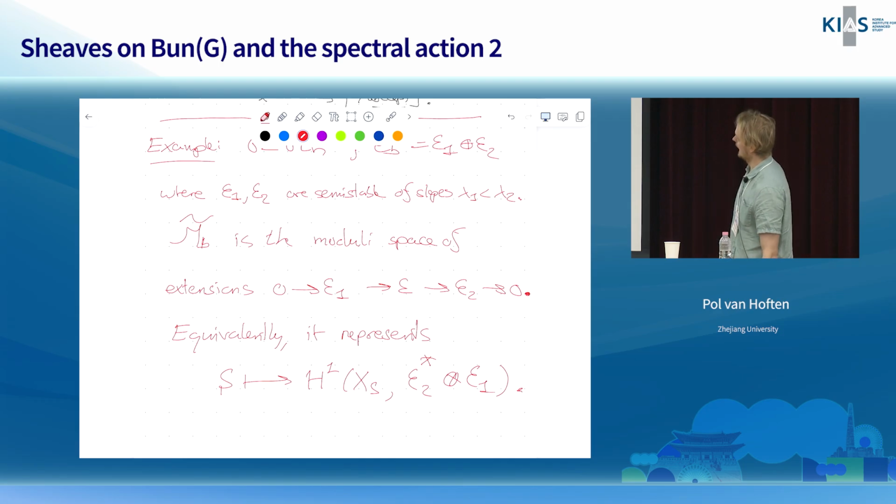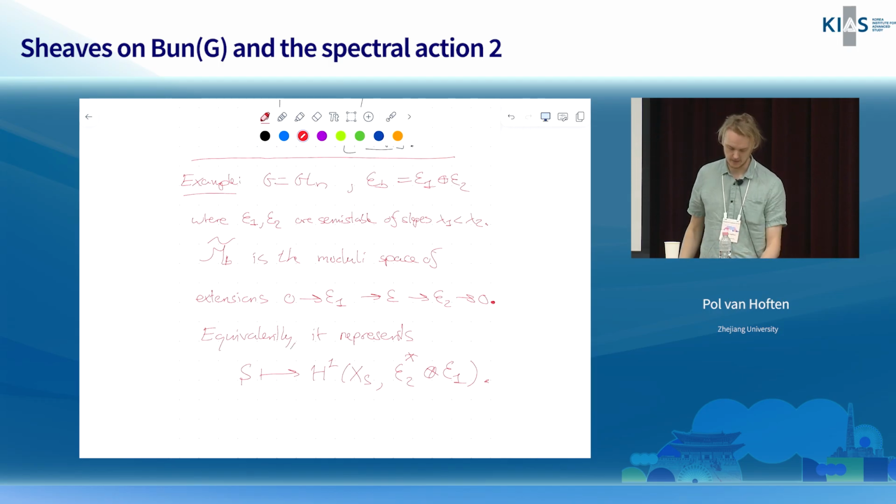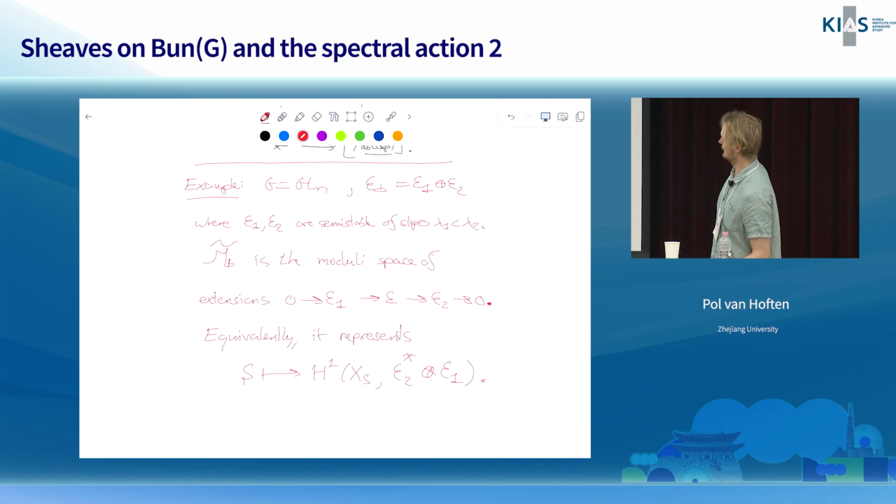Okay, and so what are we doing here? We're taking a vector bundle, E2 tensor E1, and the slope of that is strictly negative by my assumption. And so taking H1 of a strictly negative slope vector bundle, that's a nice thing. That's called a negative Banach-Colmez space.